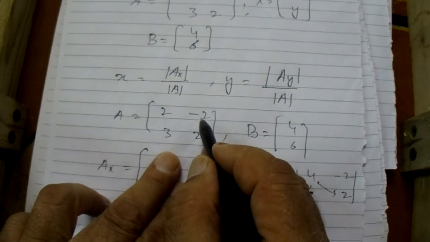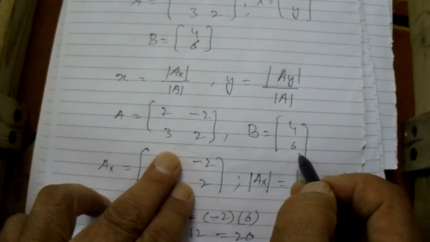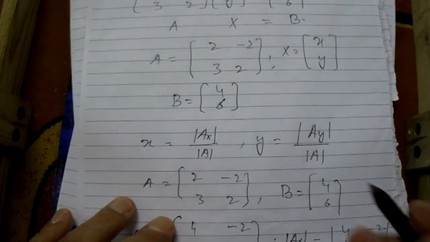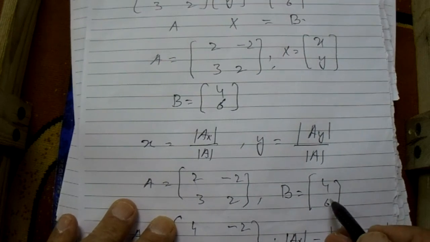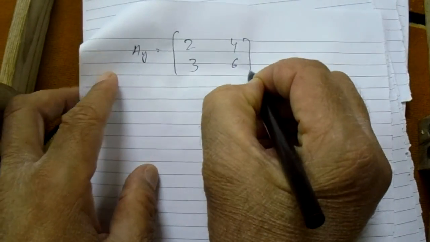It means we replace the second column by these values. We write 2, 3 the same, and we write 4, 6 instead of this -2, 2. Now this is our matrix.